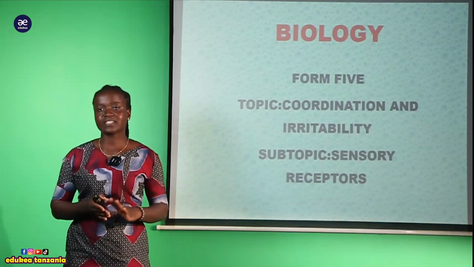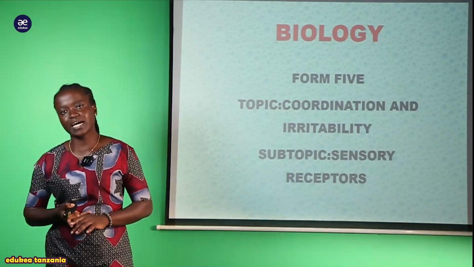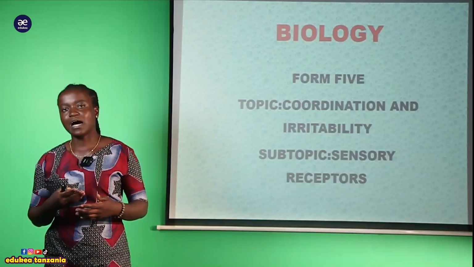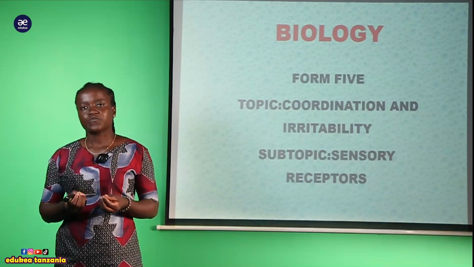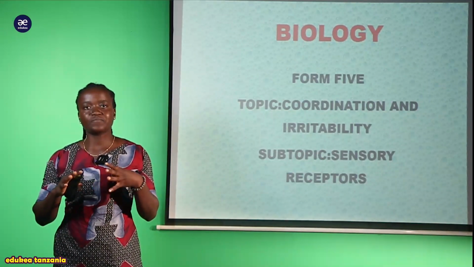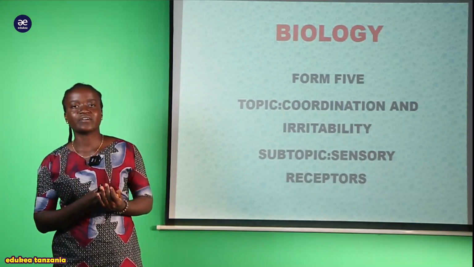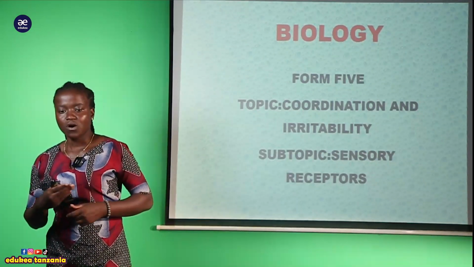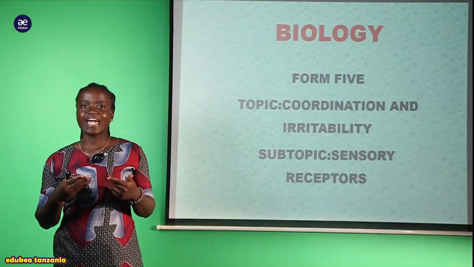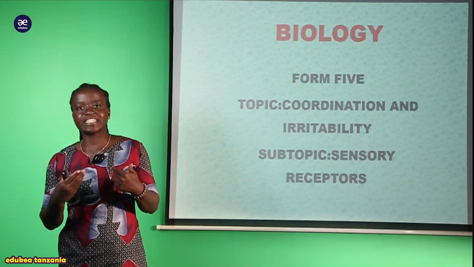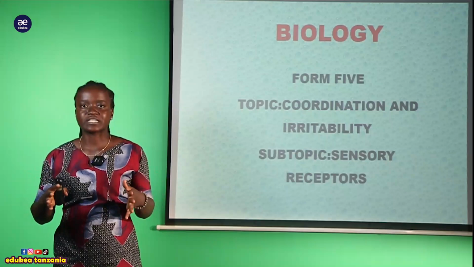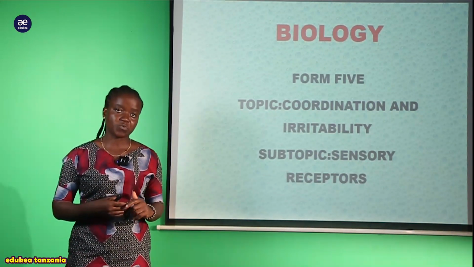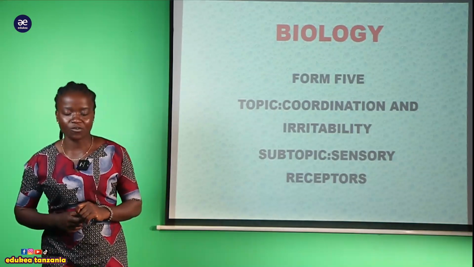In the last session, we ended by looking at eye accommodation: the ability of the eye to focus different kinds of objects so that they can be viewed on the retina, interpreted within the brain, and an appropriate response provided. Thus we call it eye accommodation.